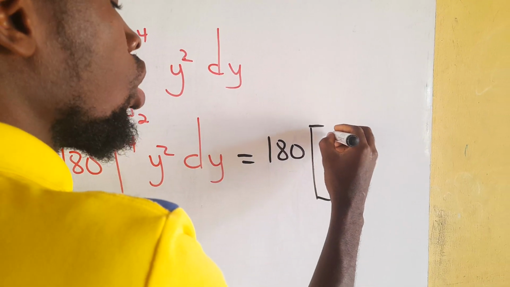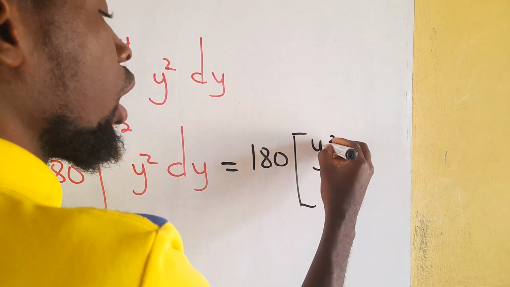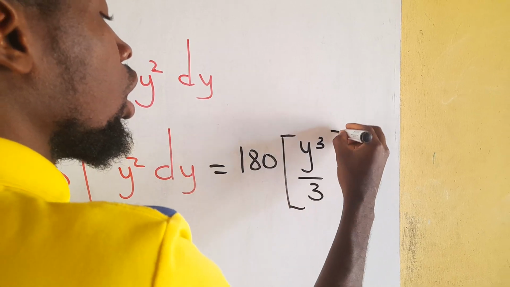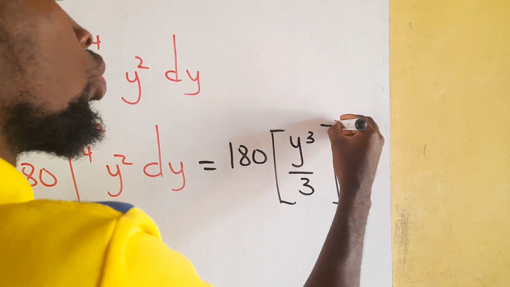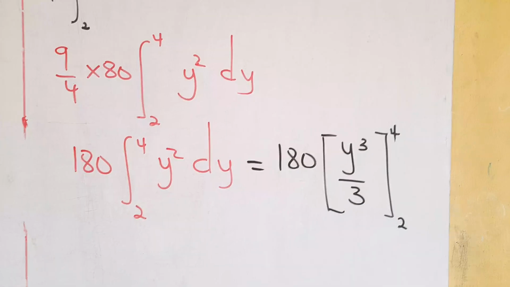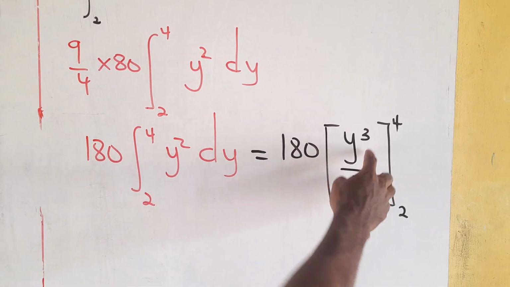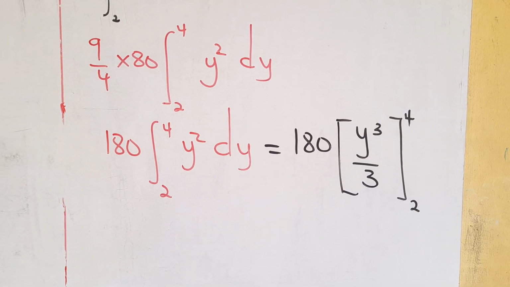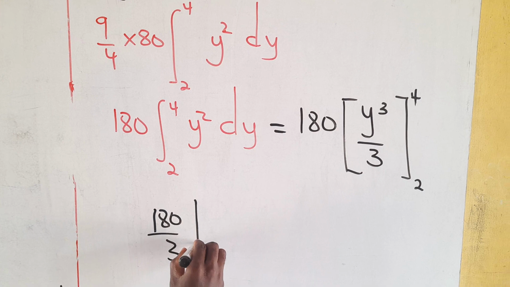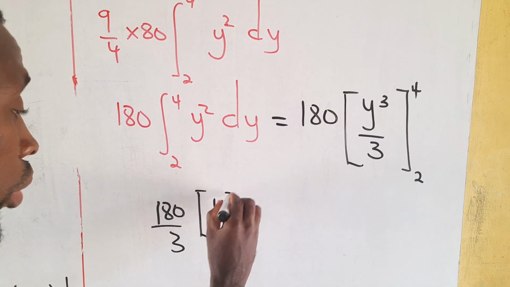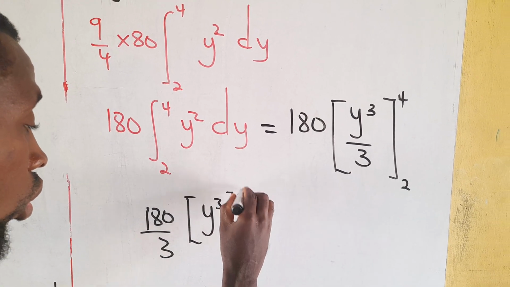So we have y exponent 3 over 3 from 2 to 4. Since this is a fraction 1/3, I can bring it out to multiply the 180. I have 180 over 3 of y cubed from 2 to 4.